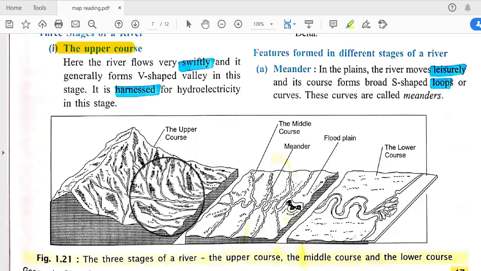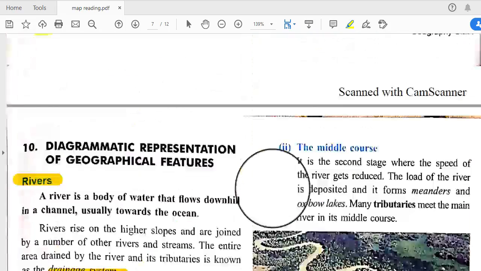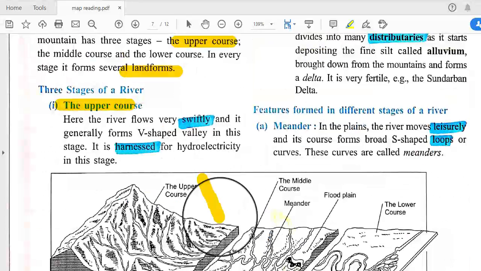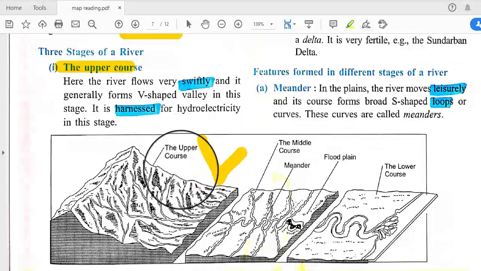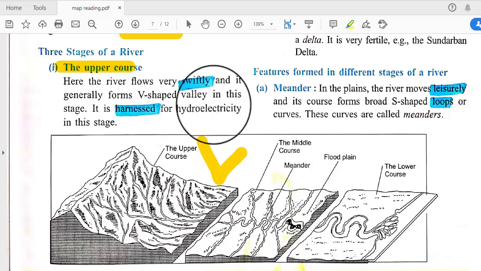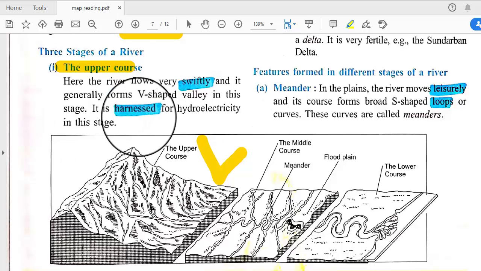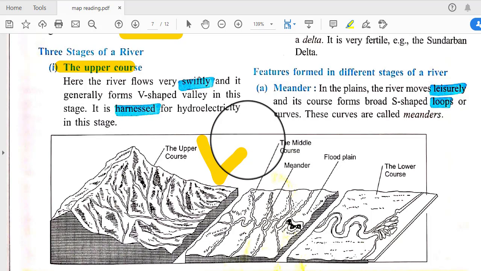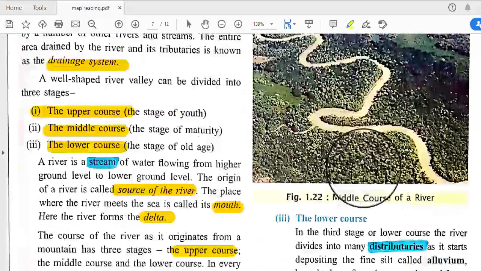In this stage it is harnessed for hydroelectricity, and because the river flows very rapidly, we can use the water for making hydroelectric power.